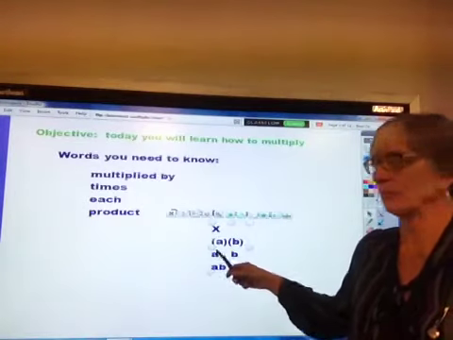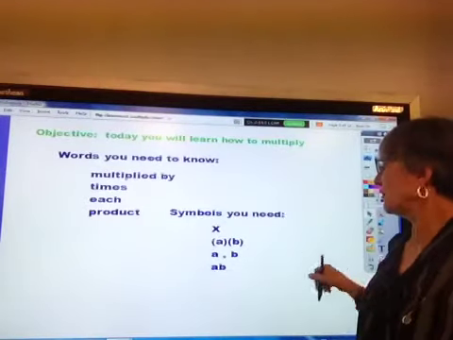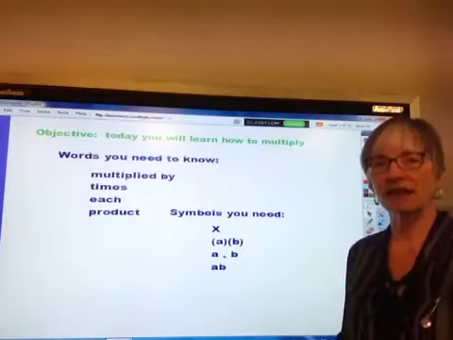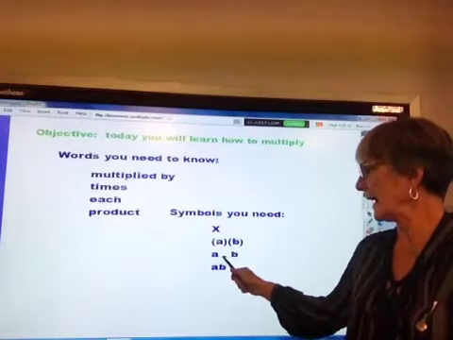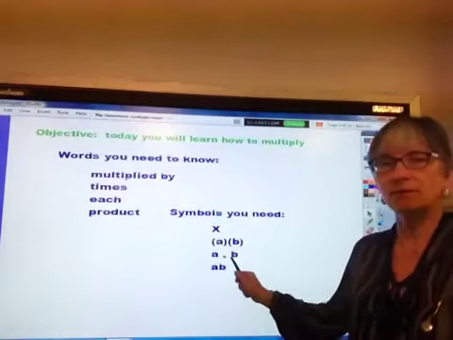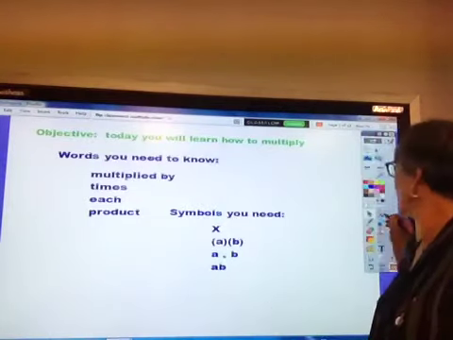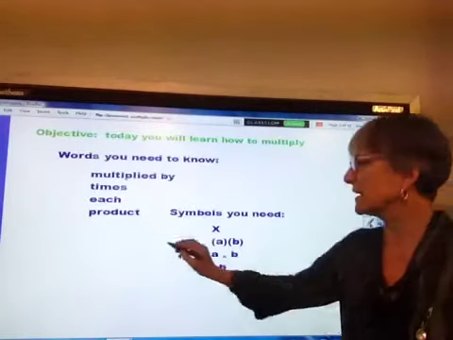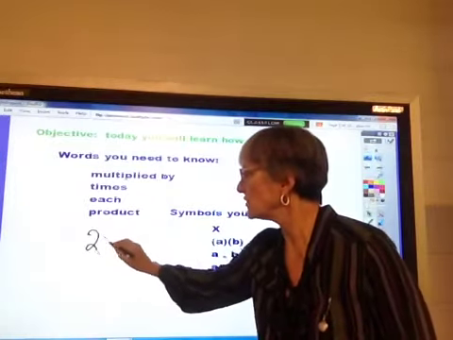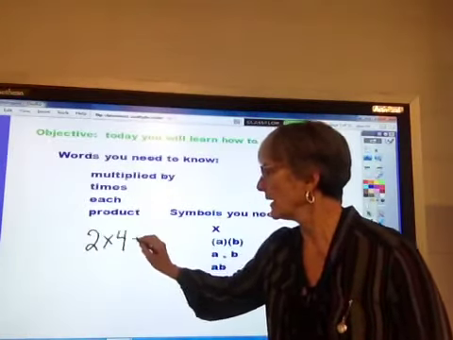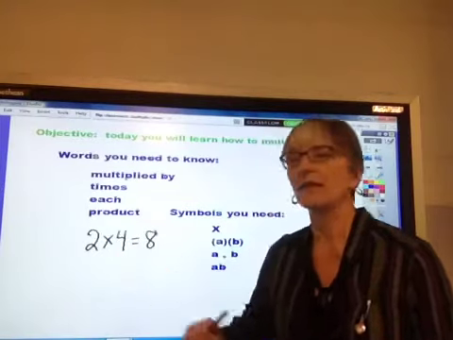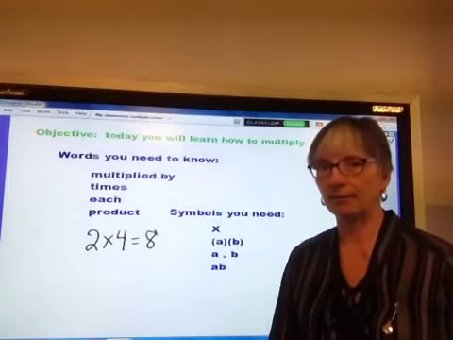An X, two parentheses next to each other, A times B with this little circle in the center, and A times B. For example, if I said 2 times 4 equals 8, that means multiply.